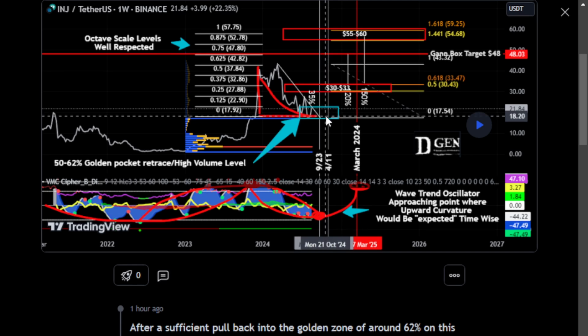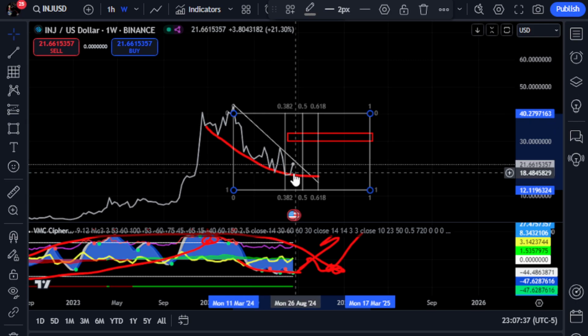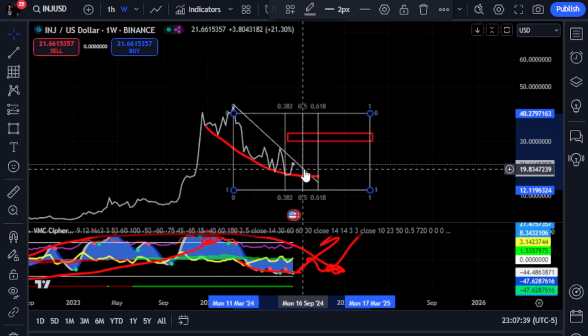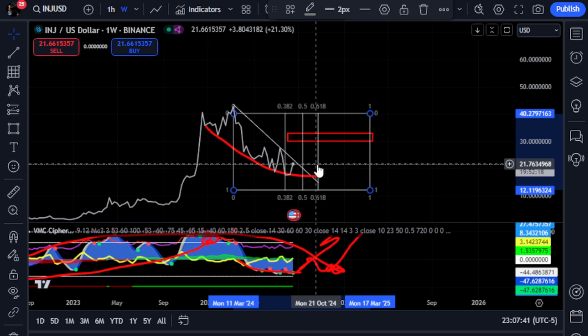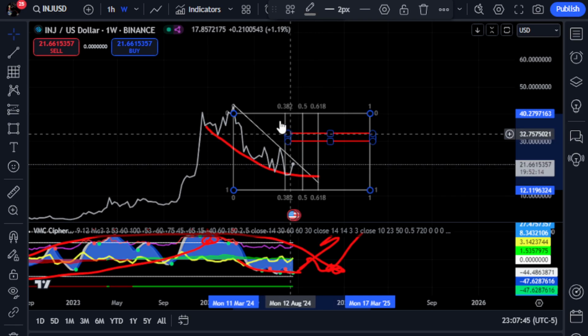I don't know why I've got 4/11. That's supposed to be 12/11, I believe, or it's 10/11. Yeah, October 11. Well, I can't change it now, so we're stuck with April. Operator error. So here's mid-September. Here's mid to the end of October, and these are just dates that it's giving.